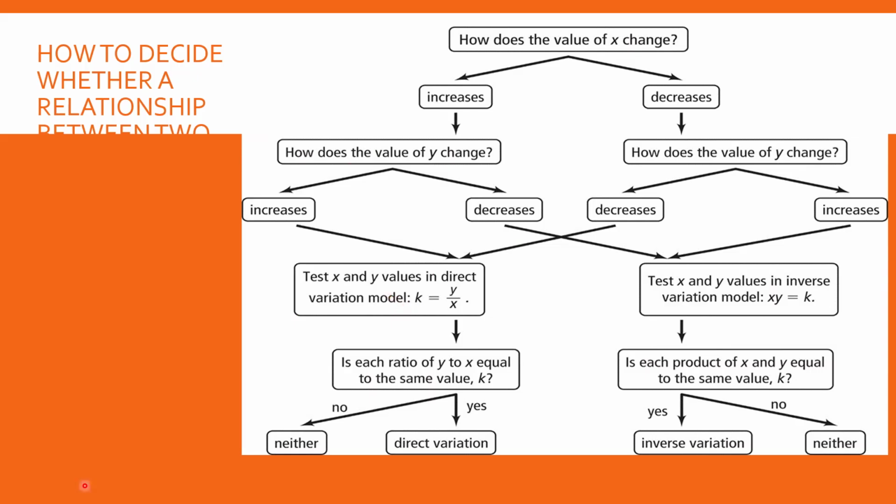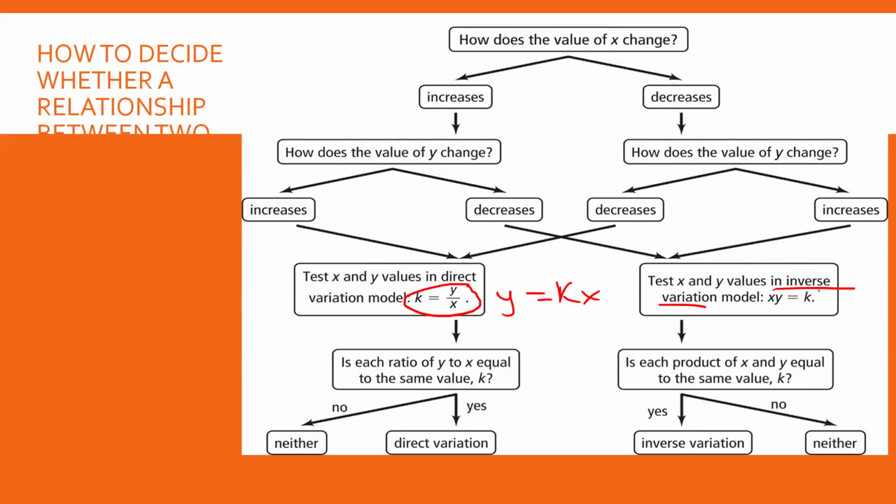A direct variation is what I reminded you guys is what you did in Algebra 1, and that's because it's a form of a linear. So when you have this y equals k divided by x, that means that the function that best models it is y equals k times x, which is just a linear model, right? You have a slope with a y-intercept of 0. Okay. When we follow the path of decrease and then increase, or if we follow the path of increase, then decrease, that's going to lead us to an inverse variation, okay, which is what we're talking about here today.